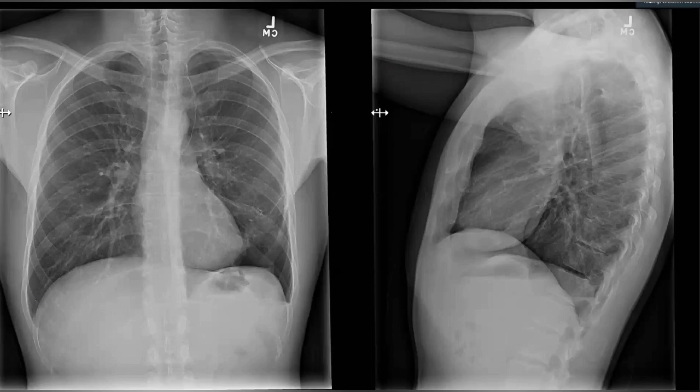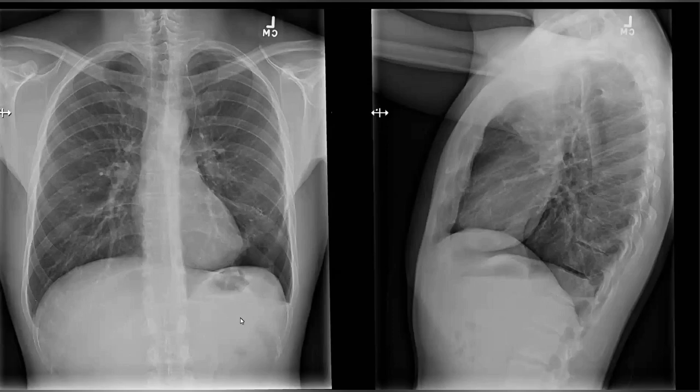I think it is along the left atrial appendage. We are pretty short on time over here. There is a bit of lucency medially, and the trachea also seems to be pushed slightly towards the right side.